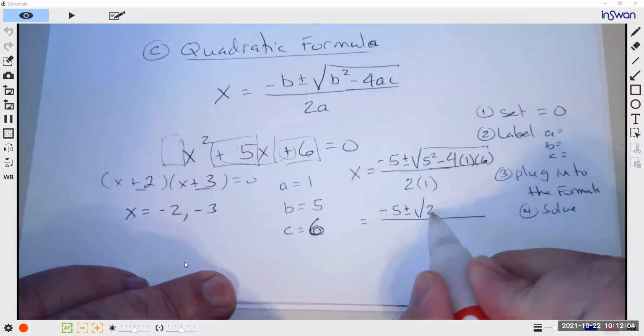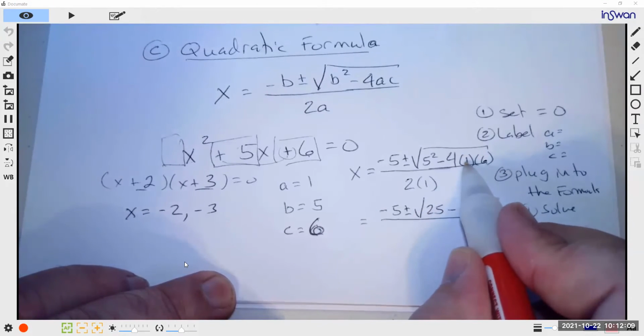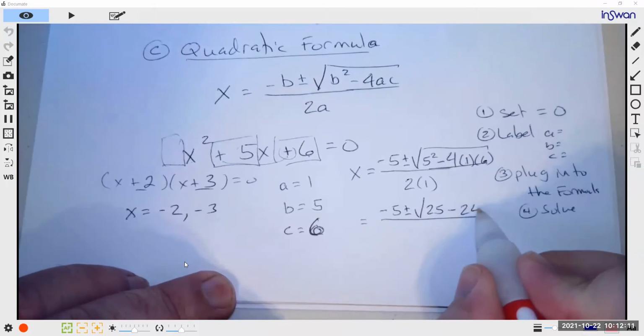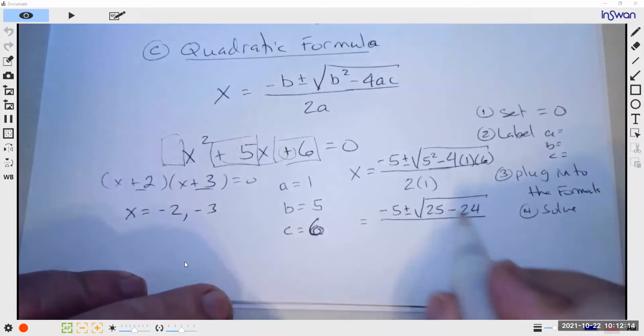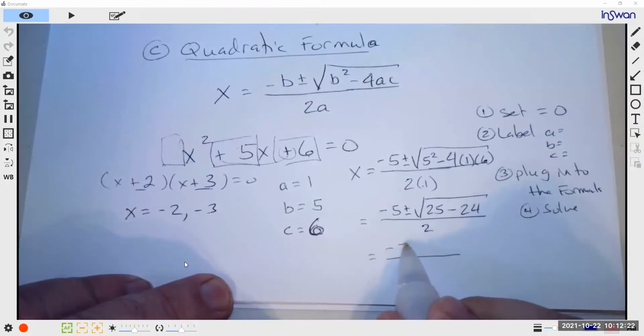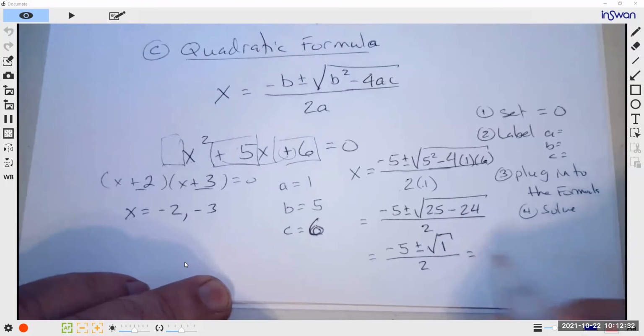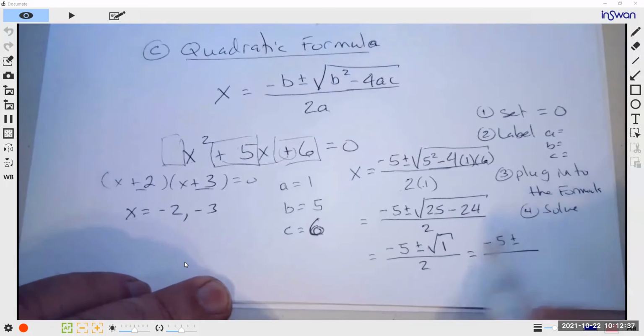So 5 squared is 25. 4 times 1 is 4, times 6 is 24. 2 times 1 is 2. 25 minus 24 is 1. Square root of 1 is 1.